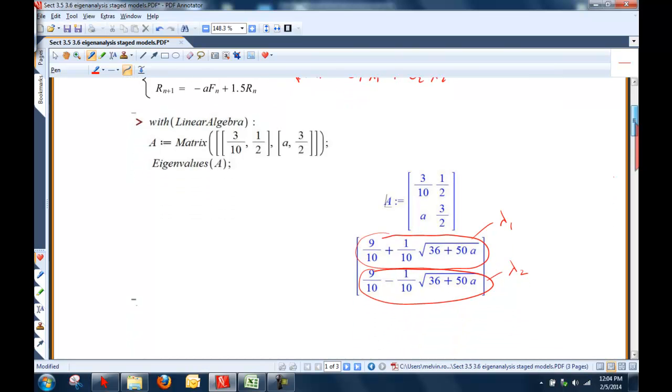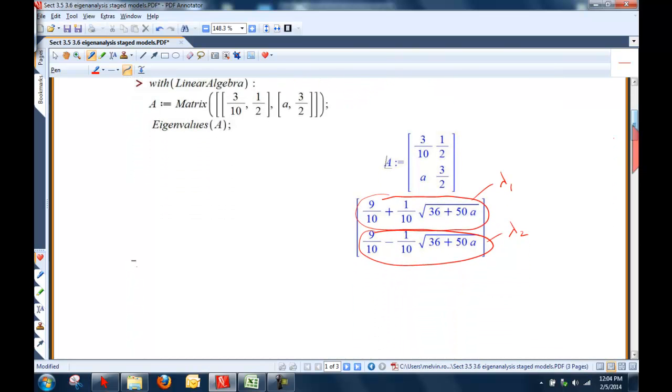So let's find that critical value where things switch from growth to decay. And it's going to depend on the larger eigenvalue. I believe these are both positive numbers, and the larger of the two is with the plus sign.